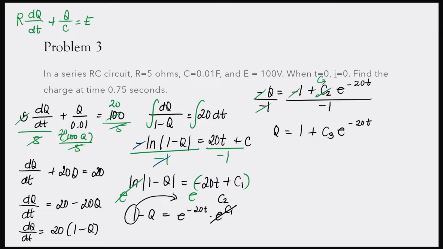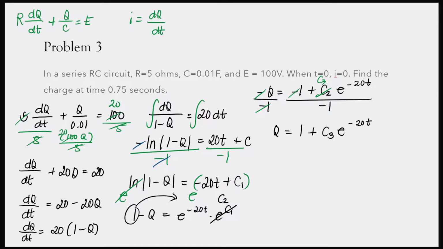That is our general solution for this differential equation. Now, how are we going to solve for the value of C3? Don't we have a formula that i is equal to dq over dt?